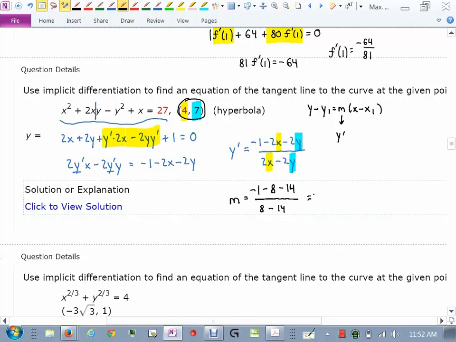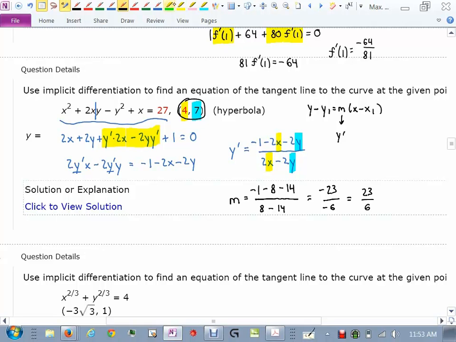Numerator, we get negative 23. Denominator, we get 8 take away 14, that's negative 6. So we get 23/6. That's our slope.